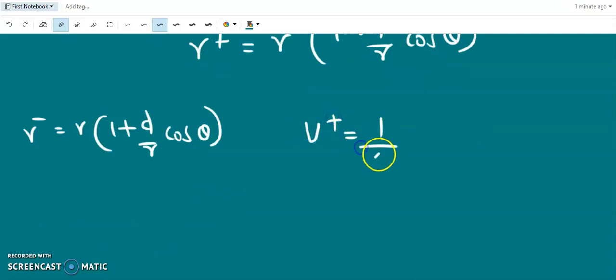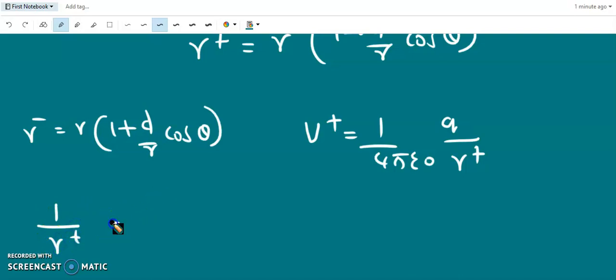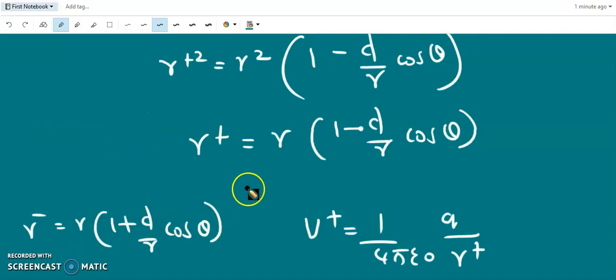V plus is 1 over 4 pi epsilon 0 q into 1 over r plus. And so 1 over r plus here is equal to 1 over this quantity. Sorry, I have forgotten to put raised to half here.